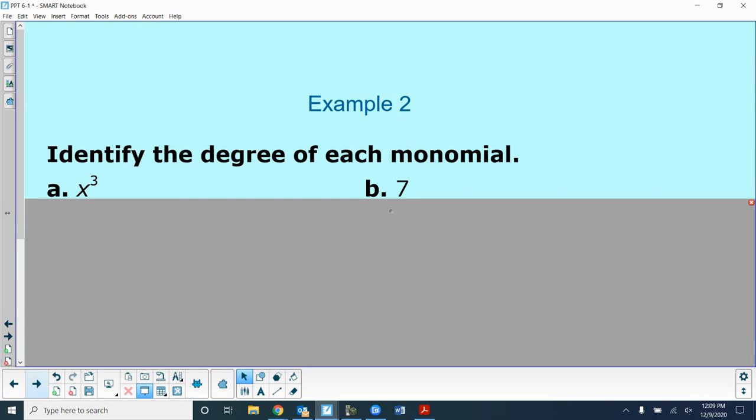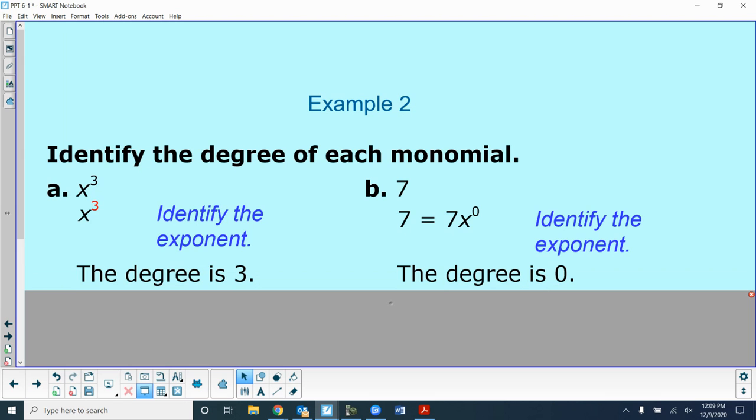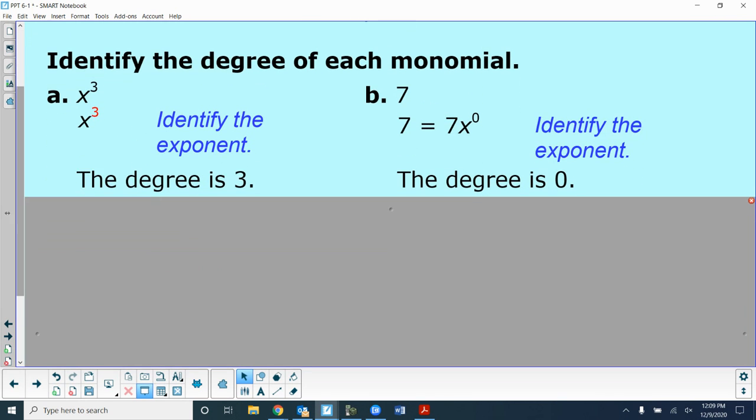What's the degree of this one, Joey? 3. You're so smart. What about B, Abigail? It's 0. Right. There's no variable, so 0. Kendra, what about C?